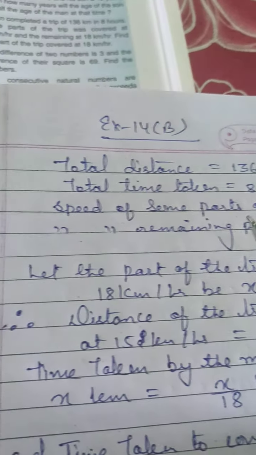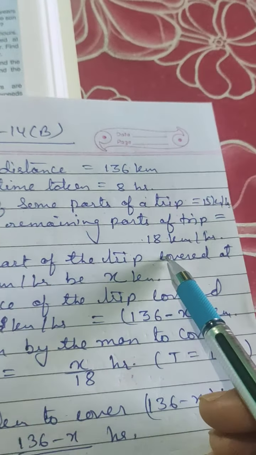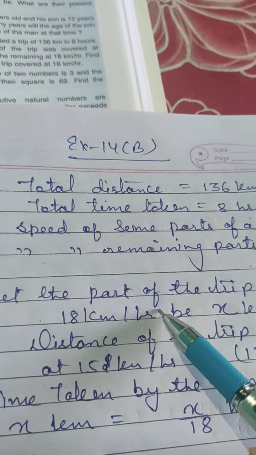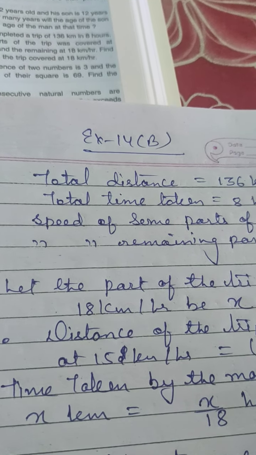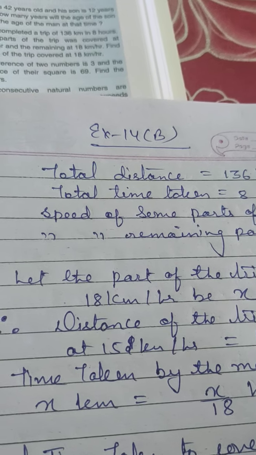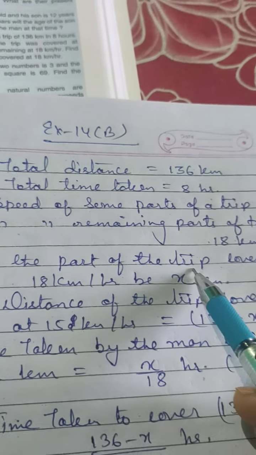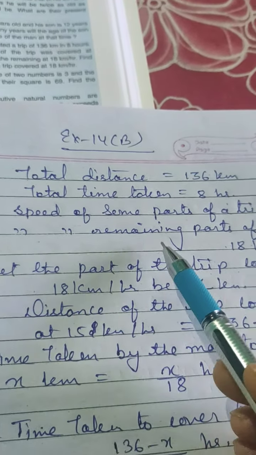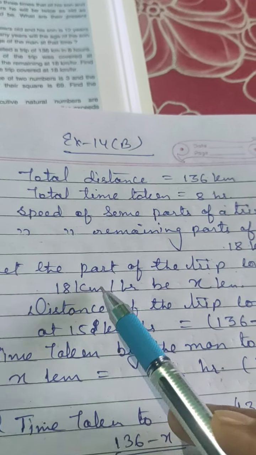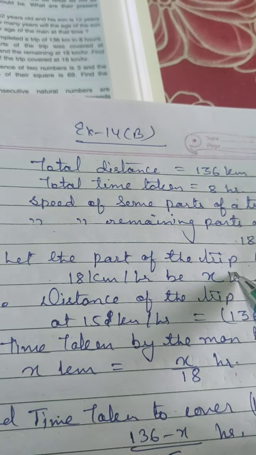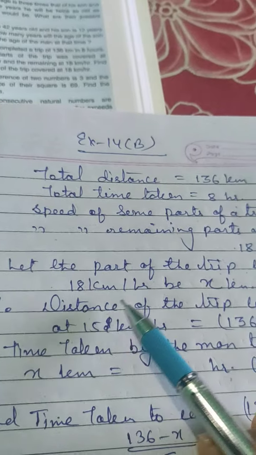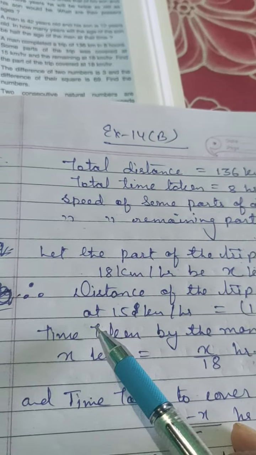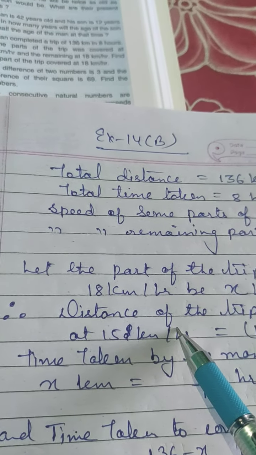We have to find the part of the trip covered at 18 km per hour. We don't know what the part of the trip covered at 18 km per hour is, children. So we have to let it be x kilometer. Let the part of the trip covered at 18 km per hour be x kilometer. Therefore, what will be the distance covered at 15 km per hour?